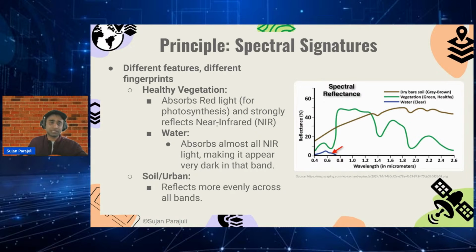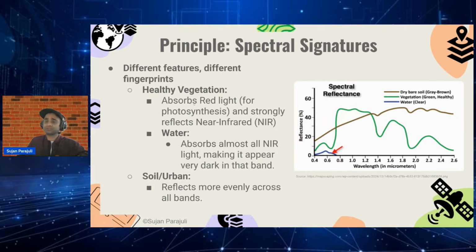In order to classify different features, let's say for healthy vegetation, it absorbs the red light and reflects the near infrared light. We cannot see that near infrared light, but the science is that it reflects it. Using this, we can detect whether that vegetation is healthy or not.